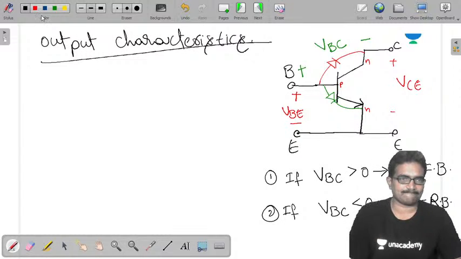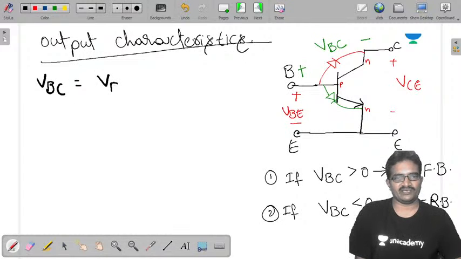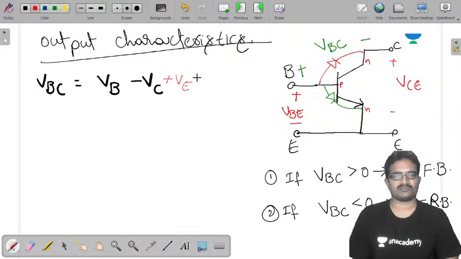We can write VBC as VB minus VC. For easy understanding, the emitter is missing, so just add VE and subtract VE.